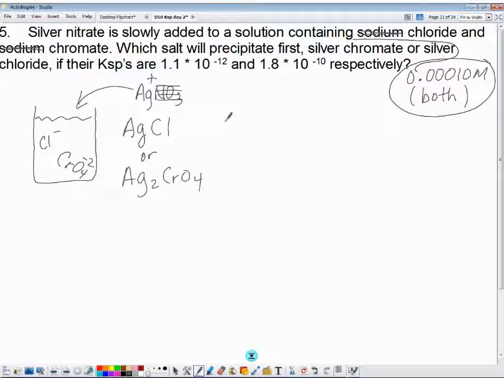So this is what I have. KSP for silver chloride is 1.8 times 10 to the minus 10. So what amount of silver is needed to go with some chloride that is this value?